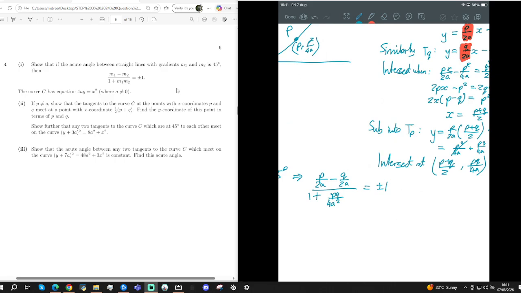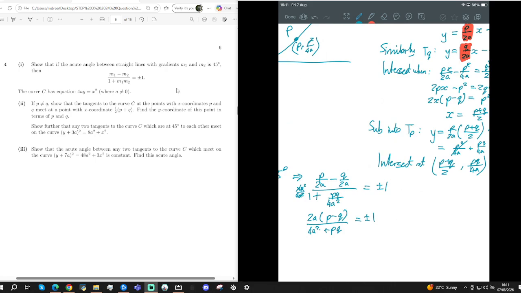But let's simplify this. I'm going to times top and bottom by 4a squared because I really don't like having those fractions in there. This is going to be 2a(P minus Q) on the top over 4a squared plus PQ is plus or minus 1.